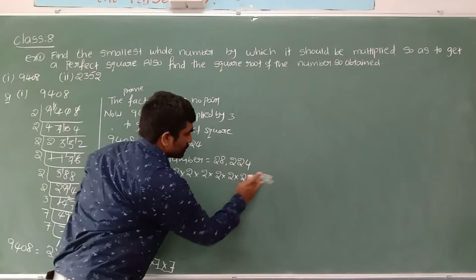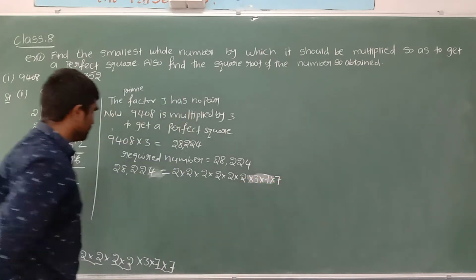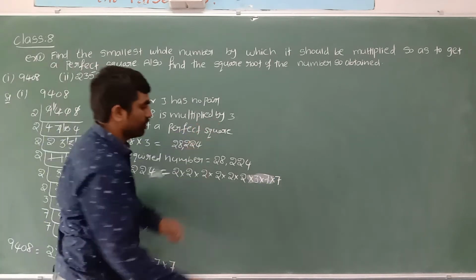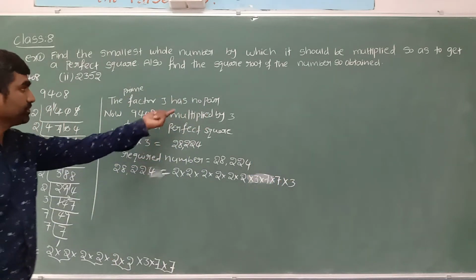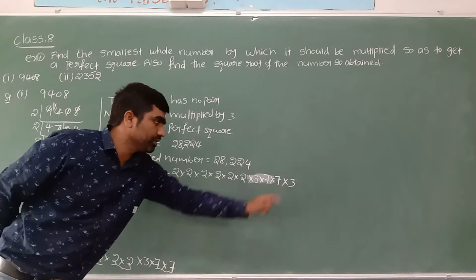Yes, sorry, 3 into 7 into 7, this is the number. For this LHS we multiplied with 3, so we can write one more 3 here. The same number by multiplying with 3 I got.